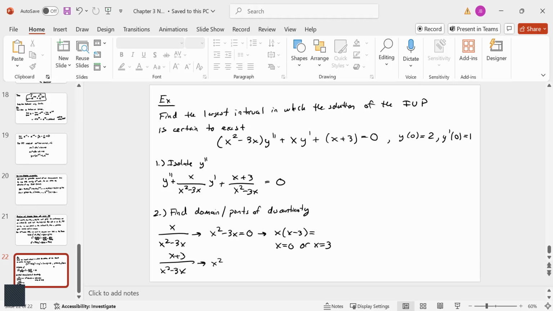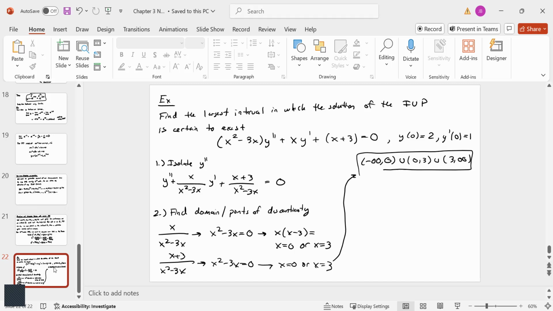We still get x squared minus 3x equals 0, so x equals 0 or x equals 3. So those are our points of discontinuity, and therefore our intervals are negative infinity to 0, union 0 to 3, union 3 to infinity. So those are the intervals of our solution.